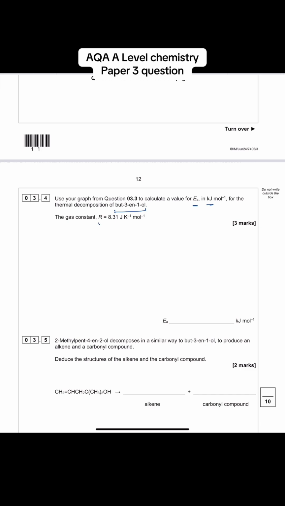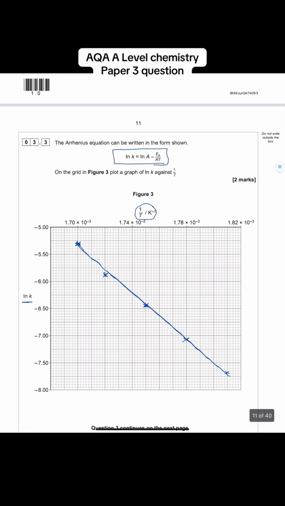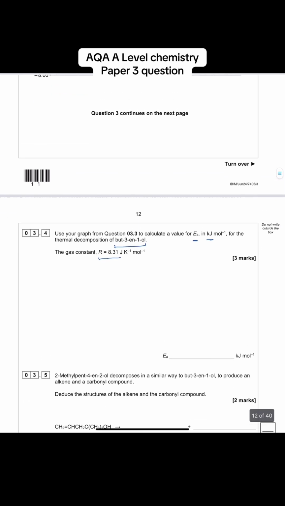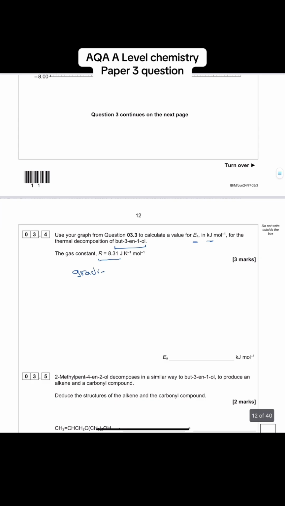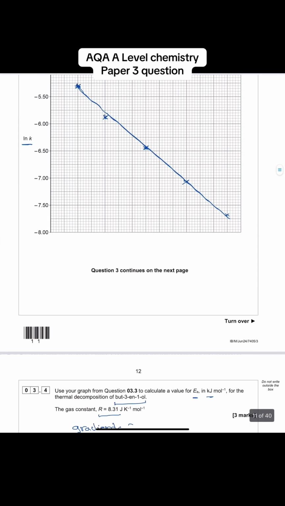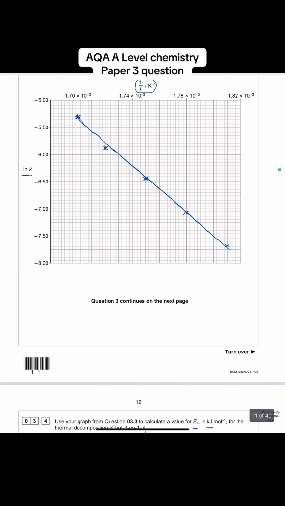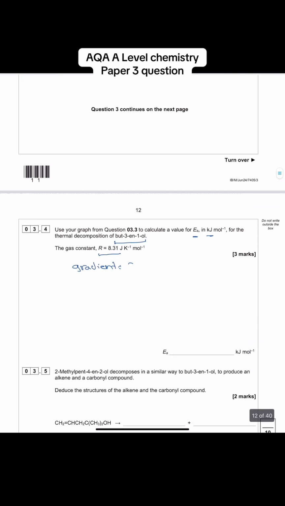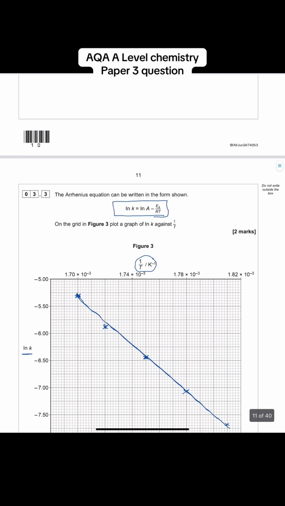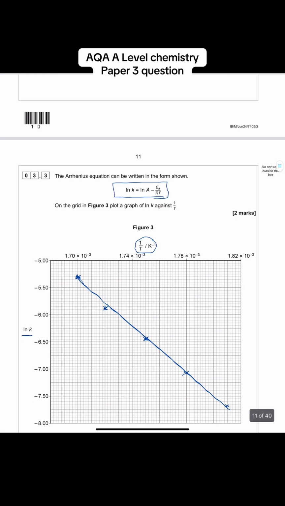The gas constant, R, is 8.31. When we look at the equation, we can see that the gradient will equal minus Ea over R, so minus activation energy over R. You can just calculate the gradient from the graph.